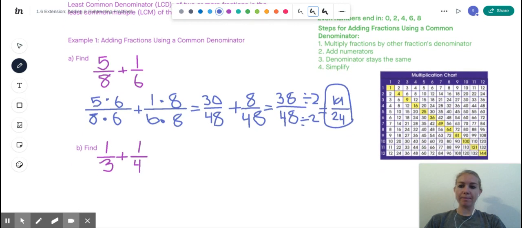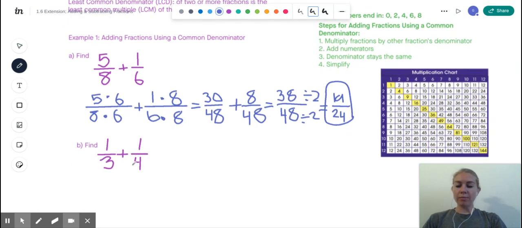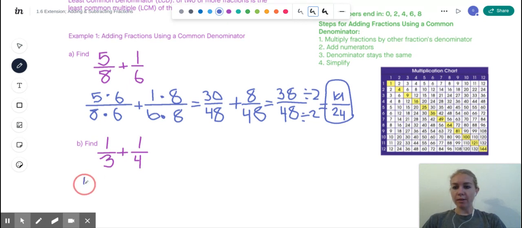Okay, let's go over another one. Find 1/3 plus 1/4. If you want, I encourage you to take a minute and pause the video and see if you can solve it on your own. But step 1 says to multiply fractions by the other fraction's denominator. So we have 1/3, and we're going to multiply both the numerator and the denominator by 4. 4 is the other fraction's denominator.